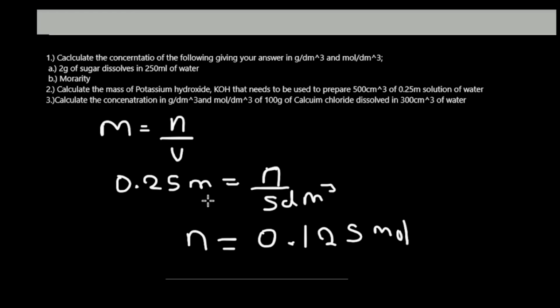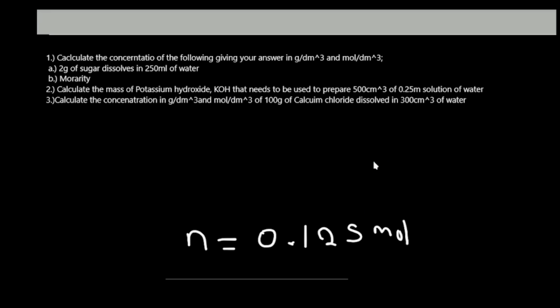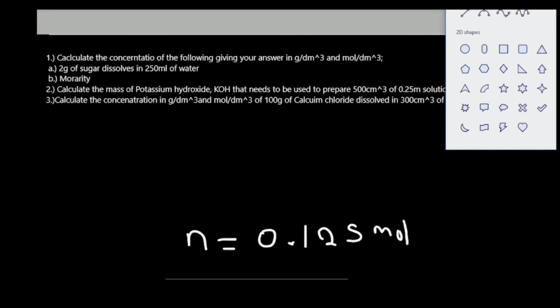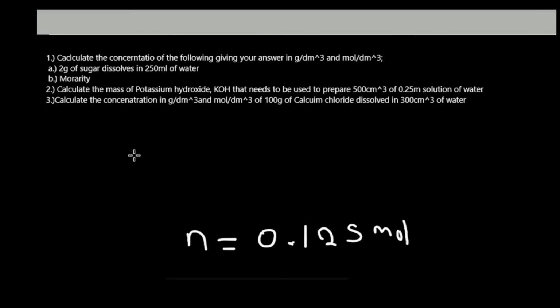And you can express 0.25 molarity in terms of moles per dm cubed. So now that you've gotten that figure, we can go ahead and find our mass. For finding our mass, we're simply going to say number of moles is equal to mass over molar mass.